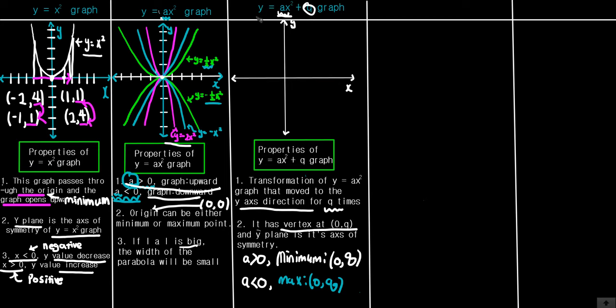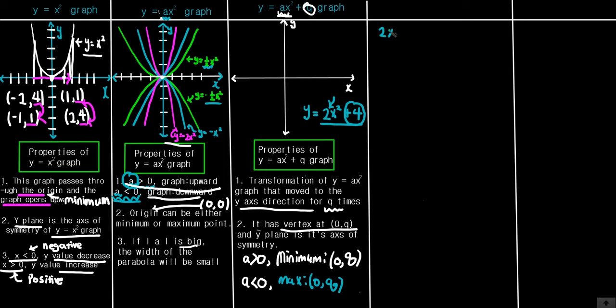Let's think about an example of y = ax² + q, such as y = 2x² + 4. We could just graph this one, but before that, using our property, this means we moved the 2x² graph in the y direction by 4. So let's draw the 2x² graph first.